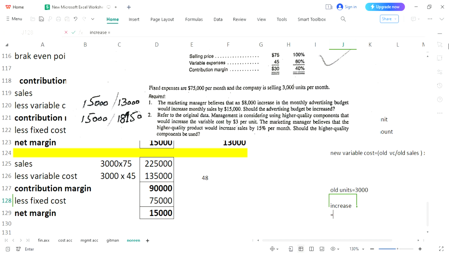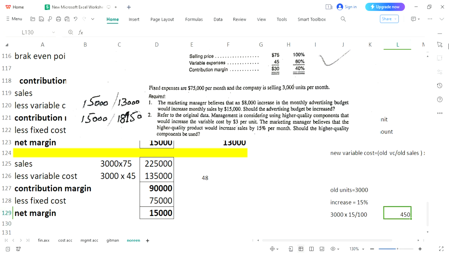How would you calculate this 15%? 3000 would be multiplied by 15 and divided by 100. So there will be an increase of 450 units.